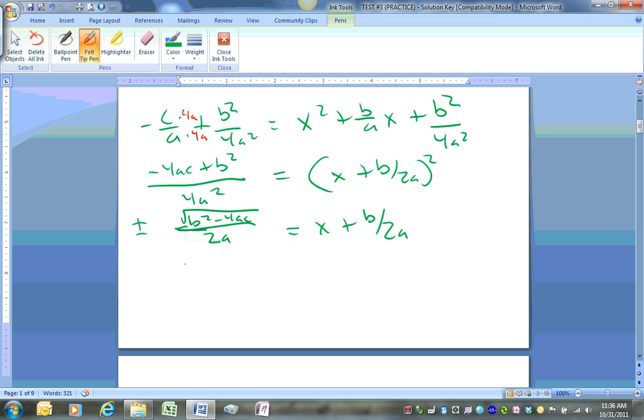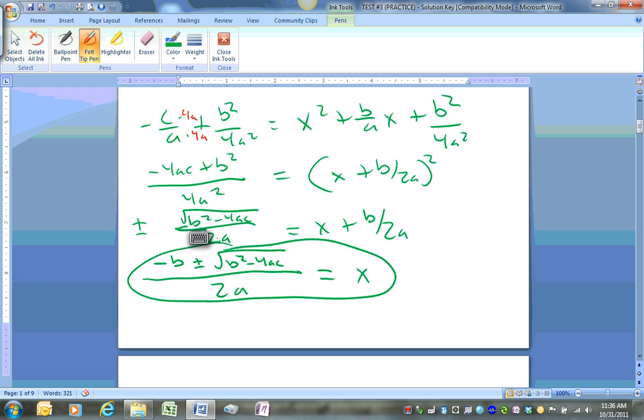And then we just move the b over 2a over and make it all one fraction, and we should have our answer, all over 2a. So that's the derivation of the quadratic formula.